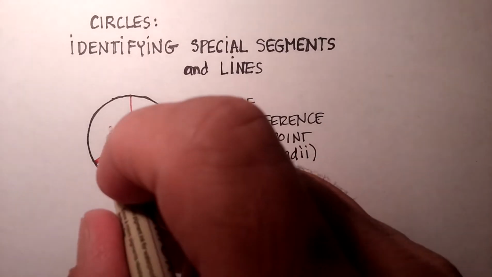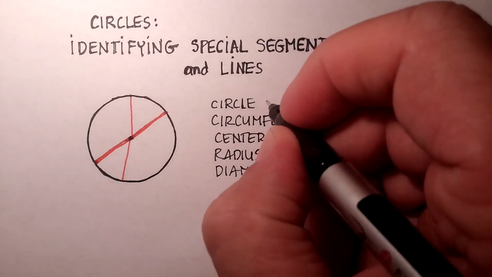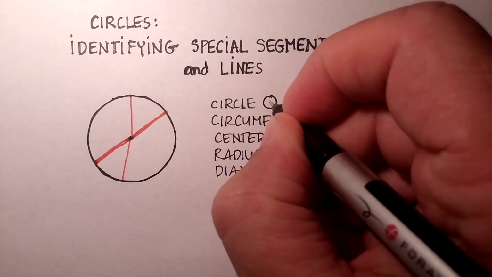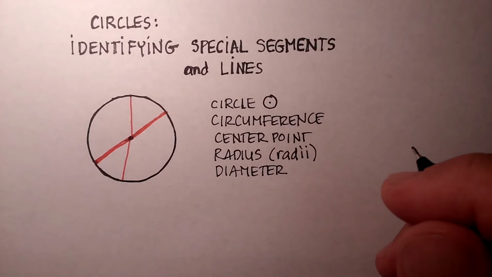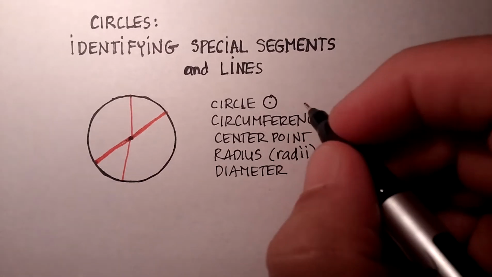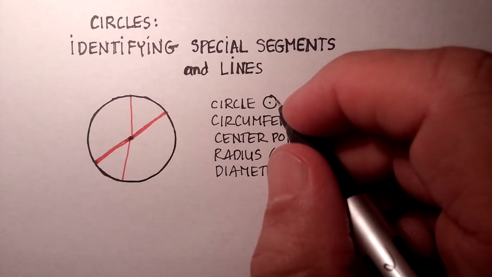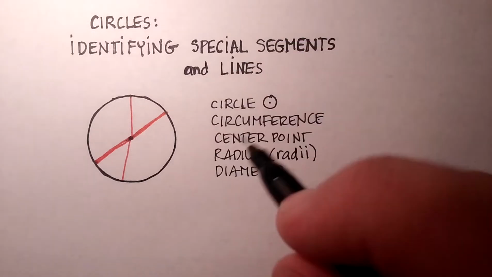You also have congruent circles. By the way, the symbol for circle is this. Okay? So you can actually just say circle P with a center P, that sort of thing. Now, what's another definition?